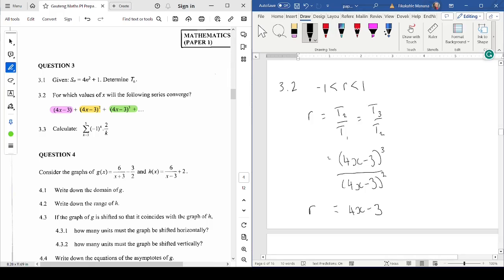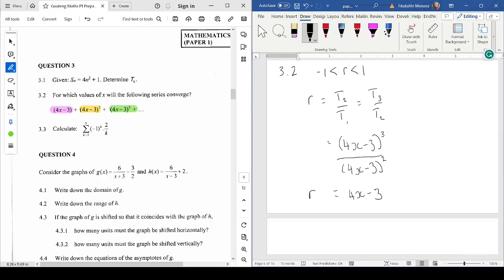Now we know our value of r. We go back to our condition, which is r is between -1 and +1, and we just substitute this such that we have 4x minus 3 is less than 1, but is greater than -1.